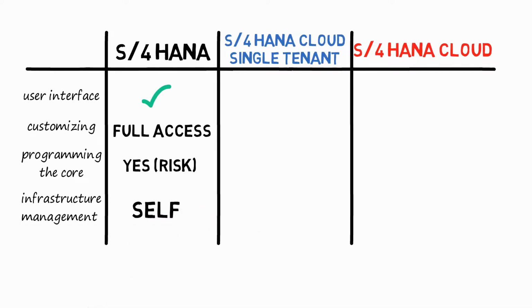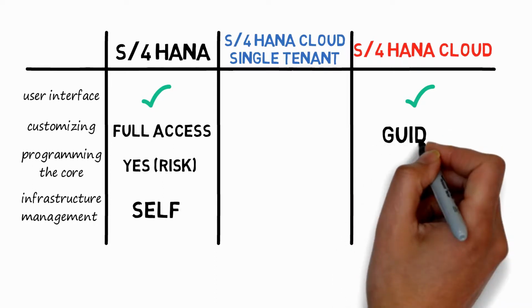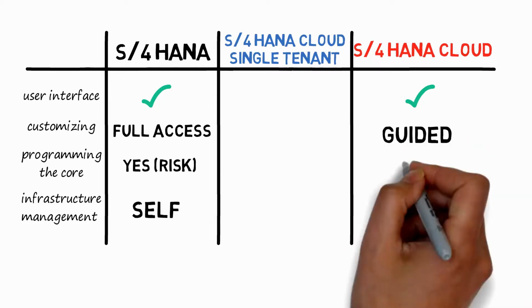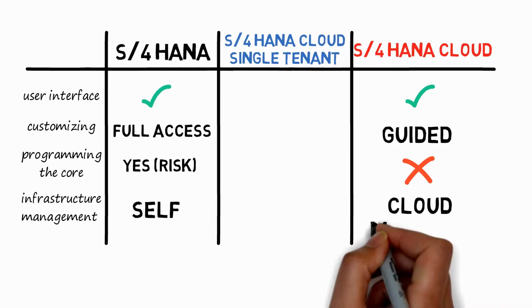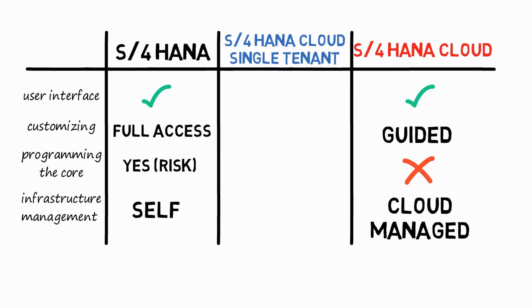On the other hand, S4HANA Cloud multi-tenant can create own interfaces, so you can make own apps, for example. You have access to customizing, but to a Fiori-ized customizing, so it's a kind of guided customizing. You have no access to the core, so you cannot do core programming, and you do not manage the infrastructure. And finally, the S4HANA Cloud single-tenant version has full access to the user interface.